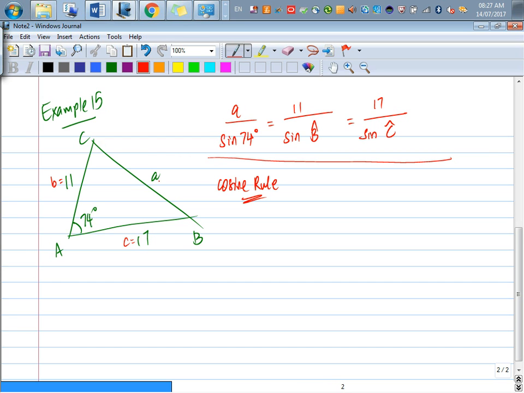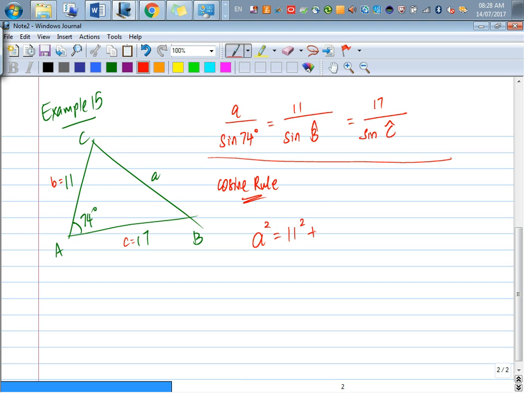So I'm just going to substitute. My unknown is a. So a square equals to, what else do you have in the formula? What comes next? Everybody say it. a square equals to? I can't hear you. a square equals to? b square. What is the value of b? 11. Okay. a square equals b square, then plus c square.